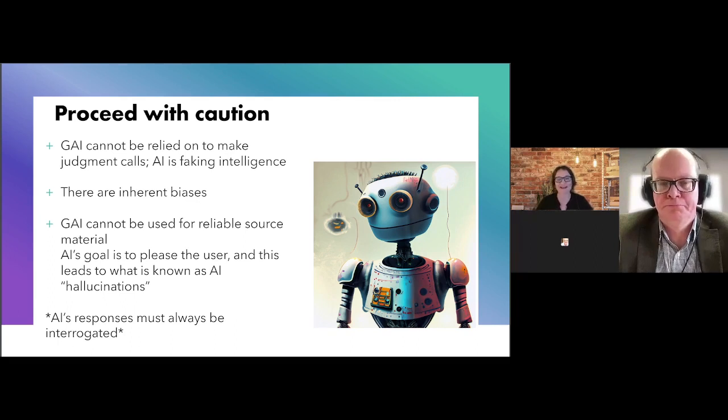There are also inherent biases in these systems, so you can ask it a lot of historical questions and find that, shockingly, it privileges male voices and male thinkers. They're only as good as the prompts that you give them and the models from which they are drawing their data, right?